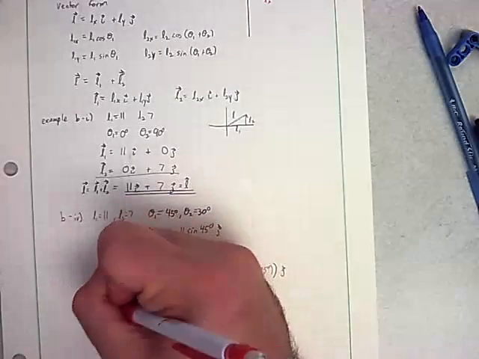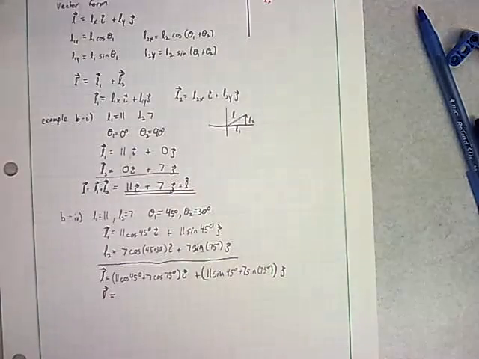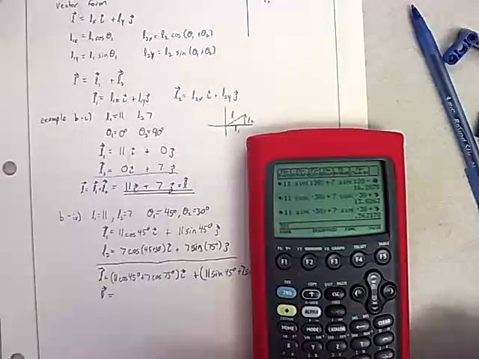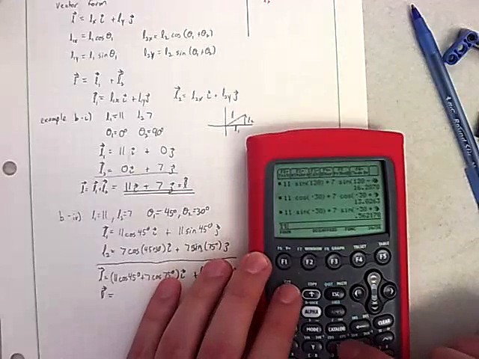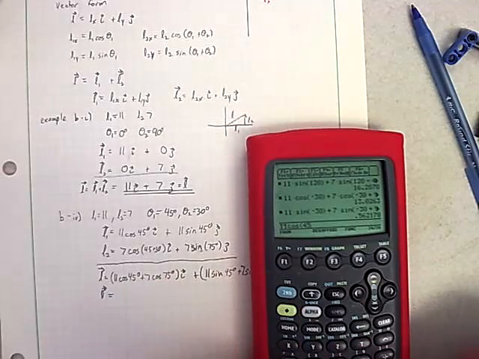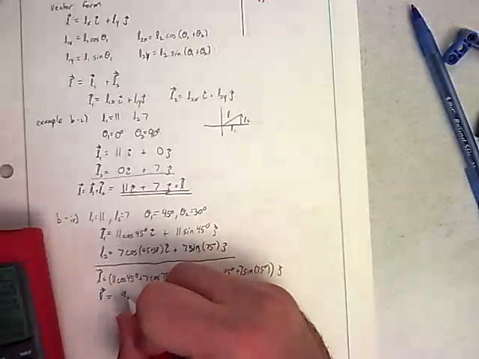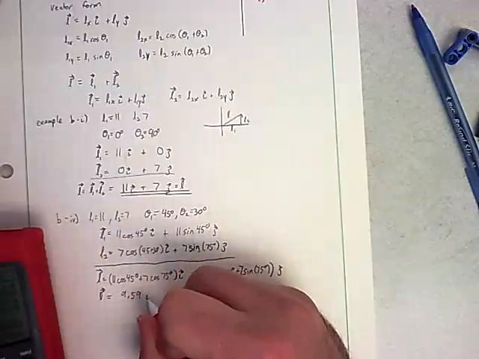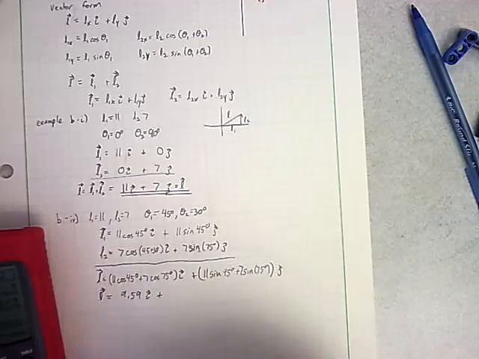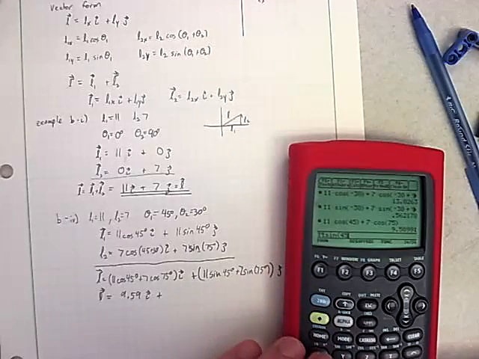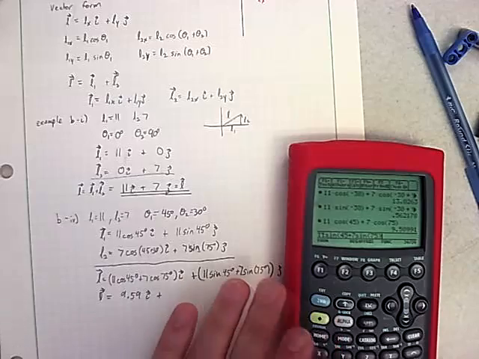And so L equals 11 cosine 45 plus 7 cosine 75. So it's 9.59 in the I direction plus 11 sine 45 plus 7 sine 75.